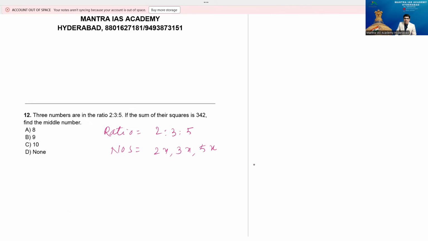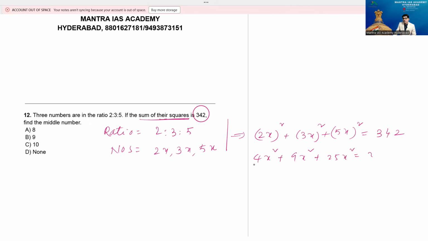Then the sum of their squares is 342. If you square these numbers and add them all, you get 342. That implies 2x whole square plus 3x whole square plus 5x whole square gives you 342, that is 4x square plus 9x square plus 25x square is equal to 342.